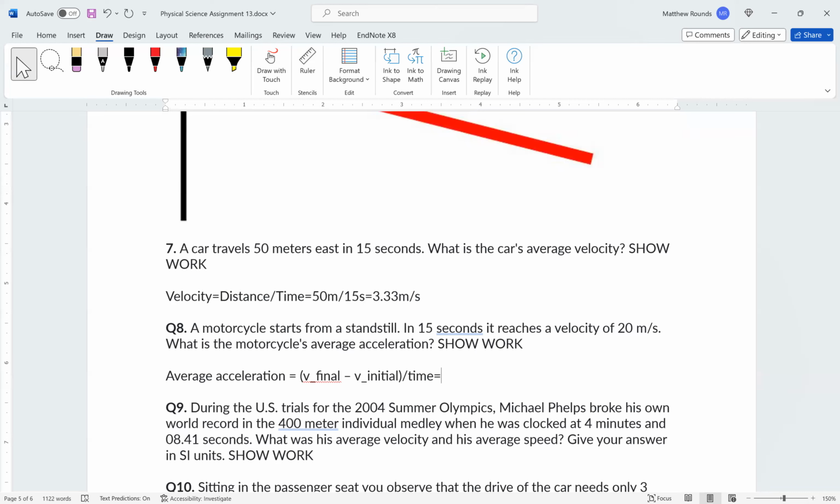But what is the initial velocity if you start from rest or from a standstill? What is your velocity if you're at a standstill? 0, right? Yes. So it's 20 minus 0 over 15.